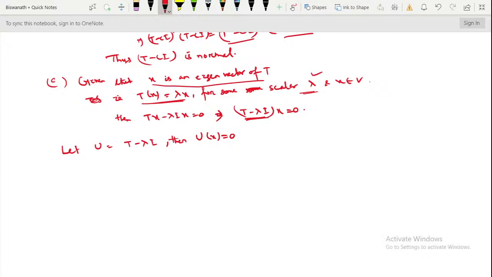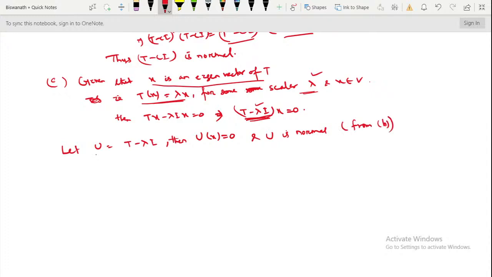So if U is your T minus lambda I, then U of x equals 0, and in bit b we know that T minus cI, where c is any scalar, is normal, and here lambda is a scalar. So T minus lambda I is normal. So we can write U is normal from b.